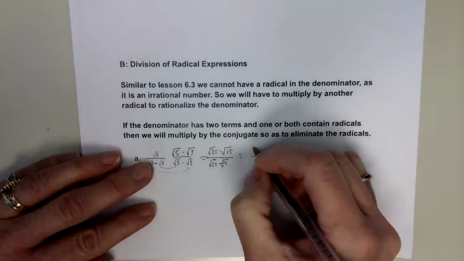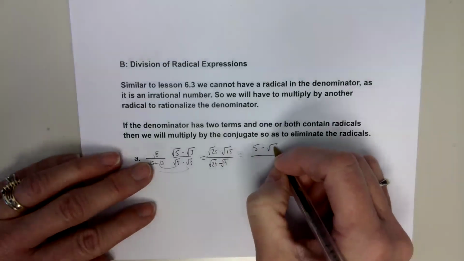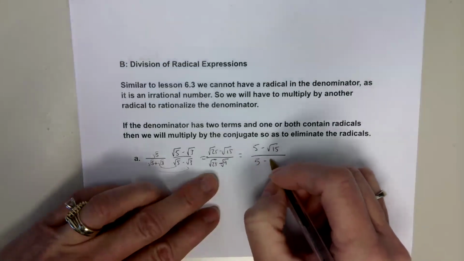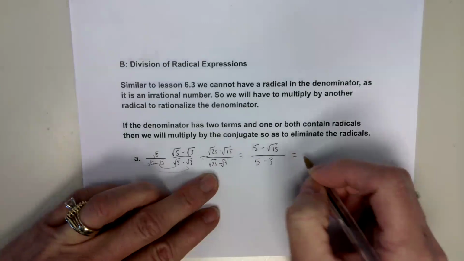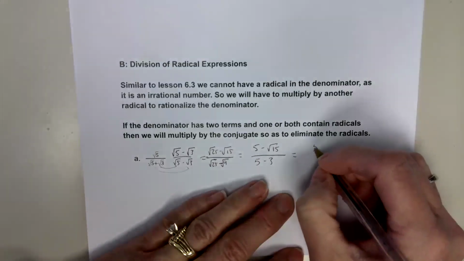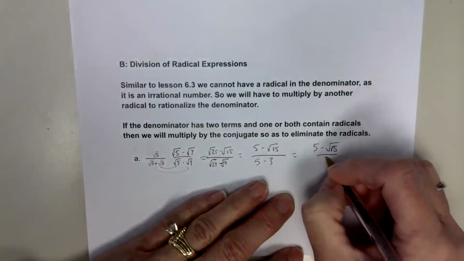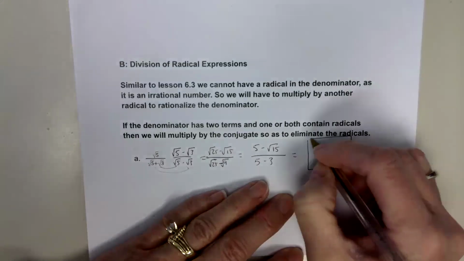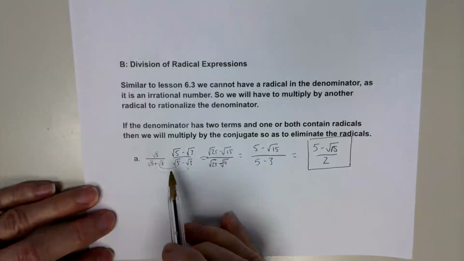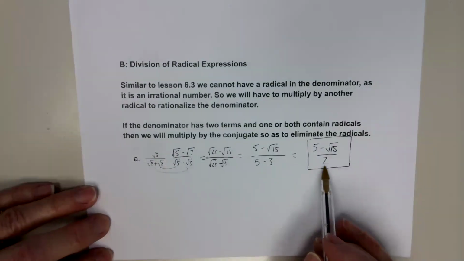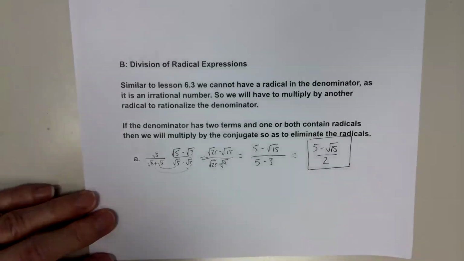So the top simplifies to 5 minus the square root of 15. And the bottom simplifies to 5 minus 3. And so we have 5 minus the square root of 15 over 2. So when we rationalize our denominator, we should always end up with a rational number, usually an integer.